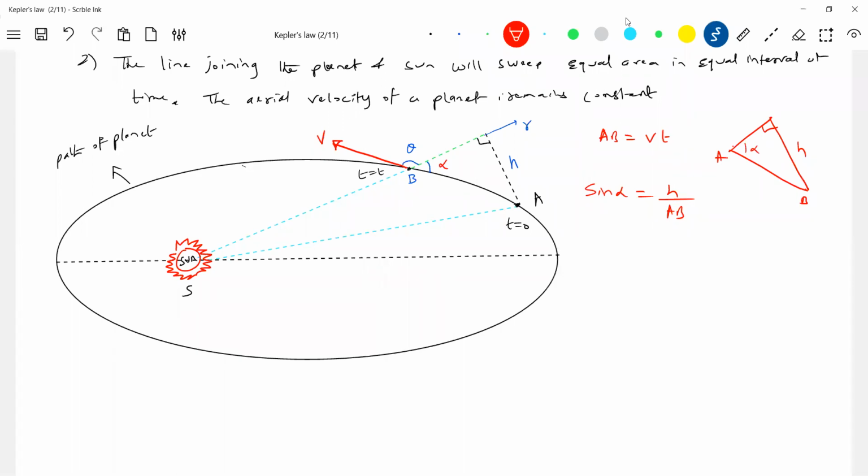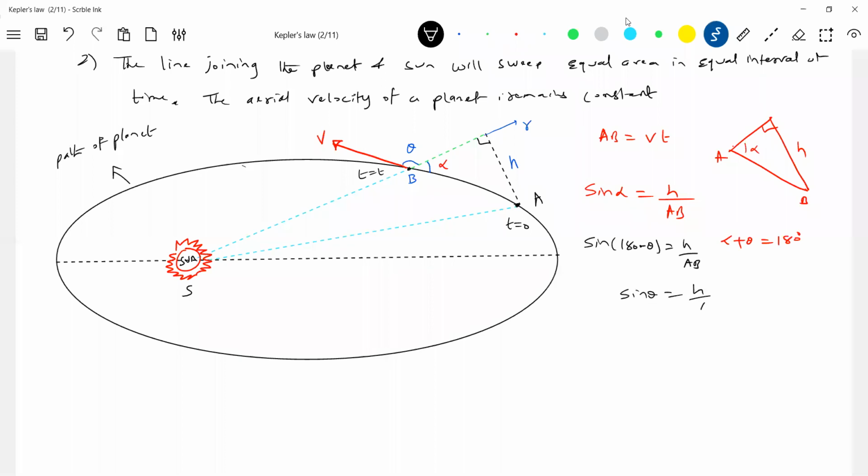Alpha is 180 minus theta, since this becomes a straight line: alpha plus theta equals 180 degrees. So sine alpha is sine of 180 minus theta, which is only sine theta.